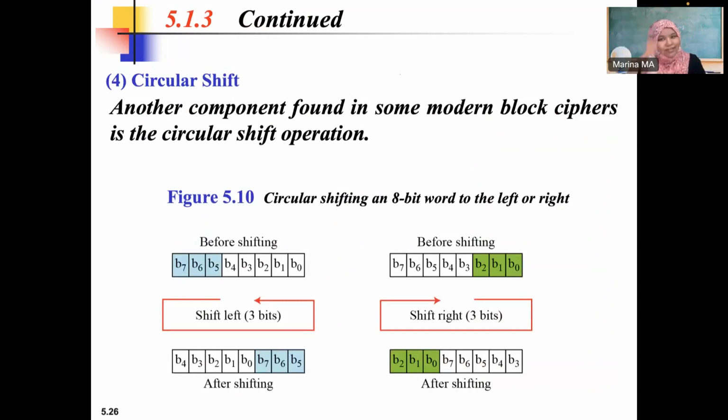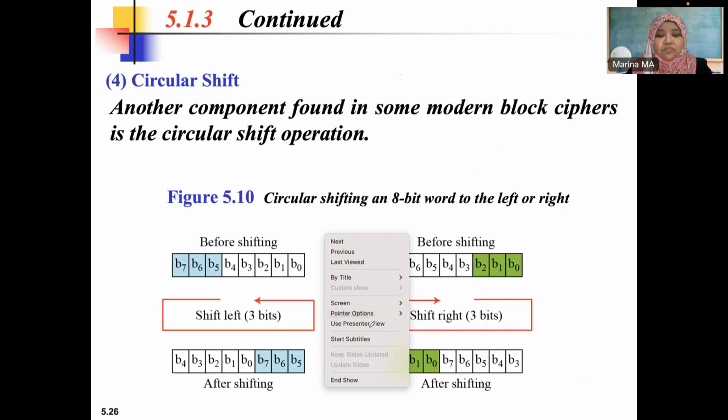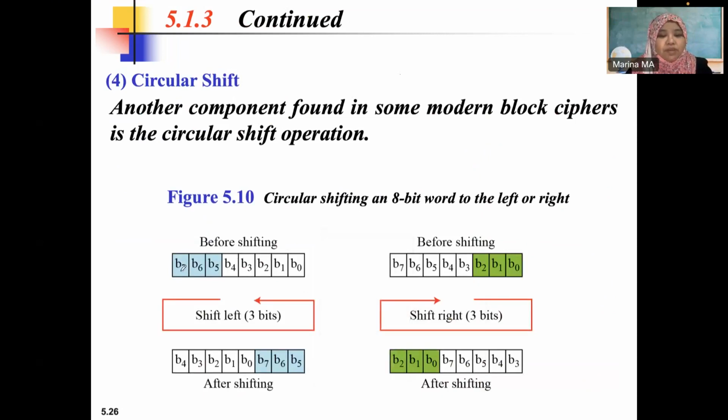Don't you know what circular shift is? You shift, but when you get to the last one, every time you shift, you bring it back to the beginning. So before shifting, we have bits 7, 6, 5, 4, 3, 2, 1, 0.